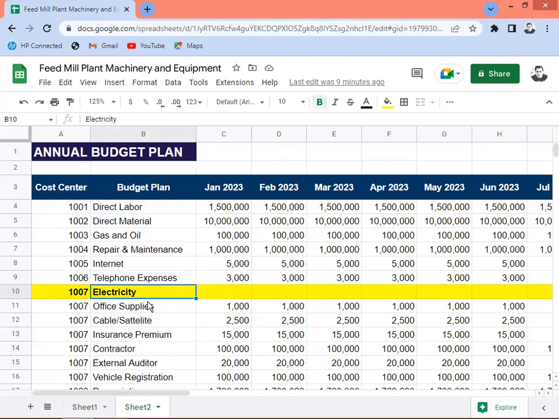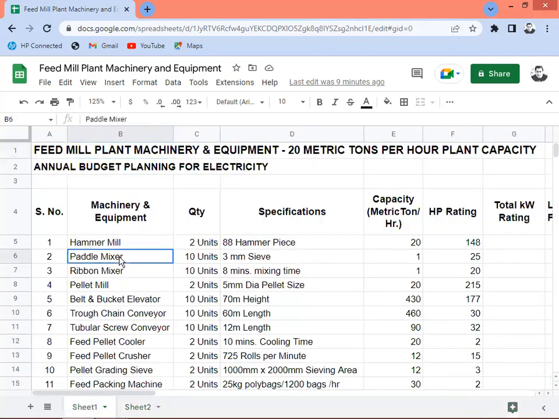So what we're gonna do is go to the sheet where we have our electricity contributors, energy contributors.